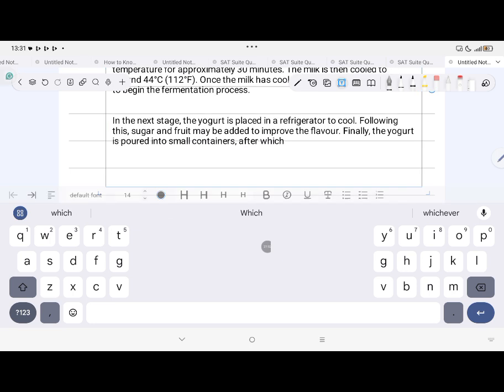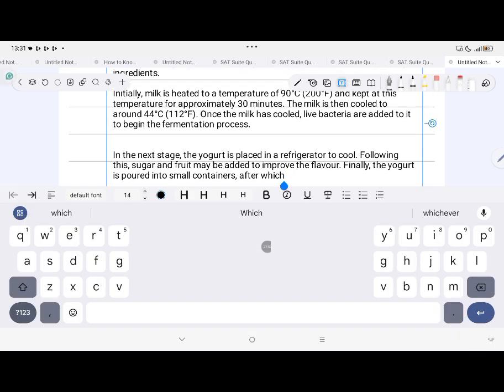After which it is transported by truck. Mention the details. Transported by truck for distribution and sale.